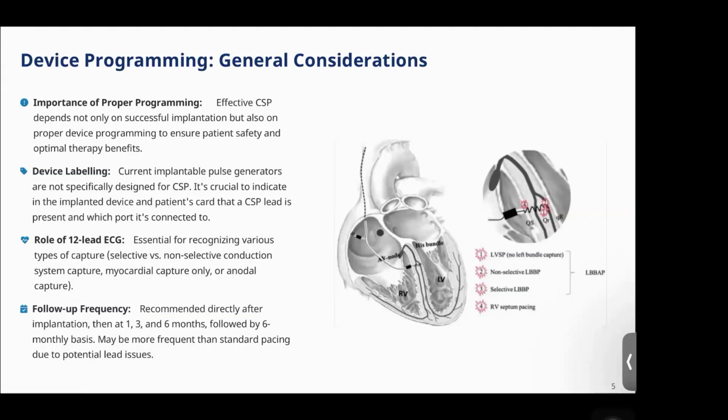Device labeling, and this is very important. As we all know, we have the conventional pacemaker, ICD and CRT, all with their labeling. But in conductive system pacing, mainly either His bundle pacing or left bundle area pacing, we do not have a specialized battery or specialized device for this new implantation technique.